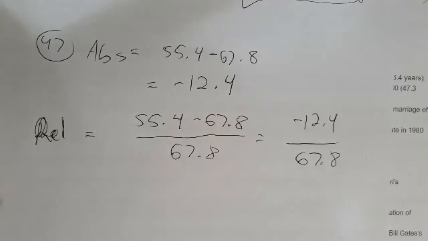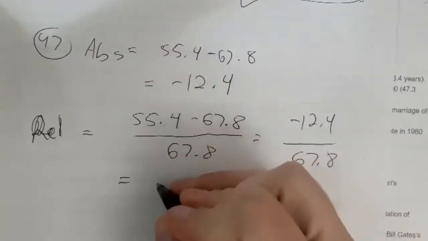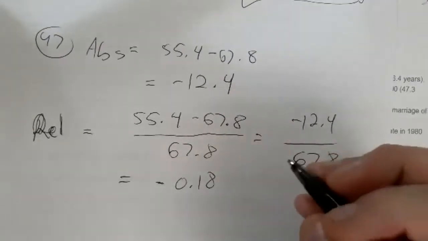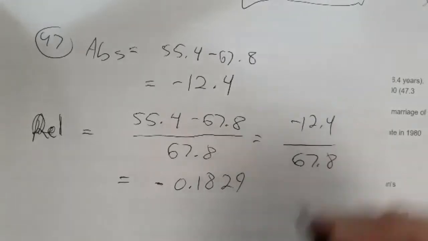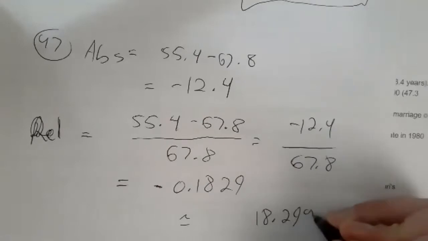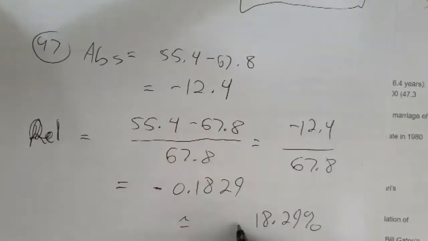Yeah, that's what I did. Mine's 12.4, and we're dividing that by 67.8, and times 100%. I'm getting like 1.829, so this is something like 29%. And the important thing is this percentage is negative.